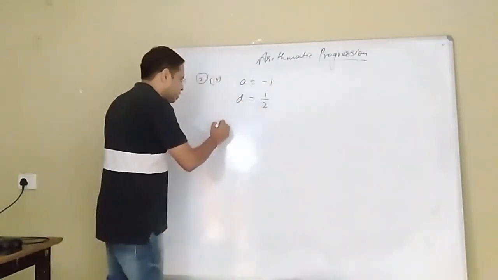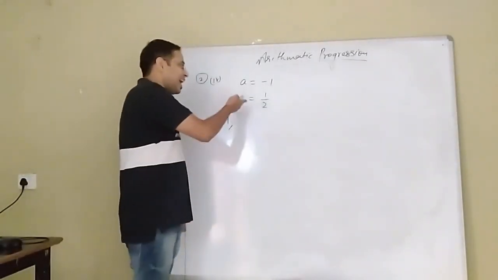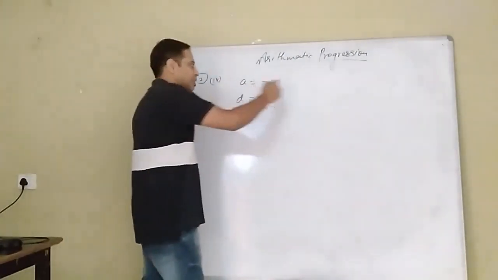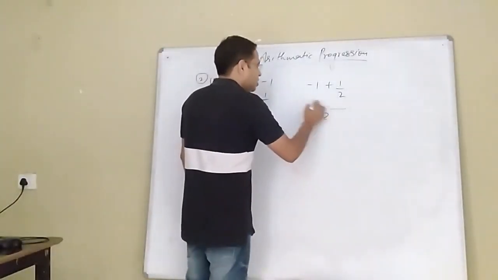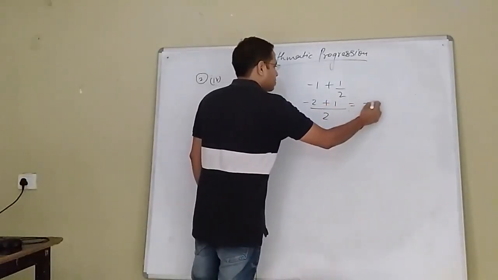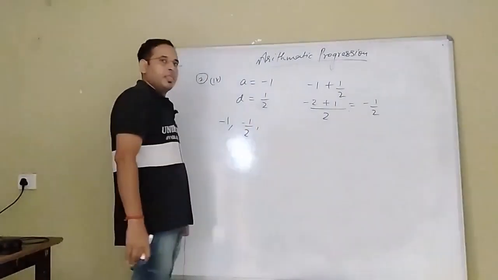Okay, so we'll write the first term. The first term is -1. For the second term, if I add the common difference to the first term, -1 plus 1/2, how much will you get? You'll get -1/2. So the second term of this sequence will be minus 1 by 2.